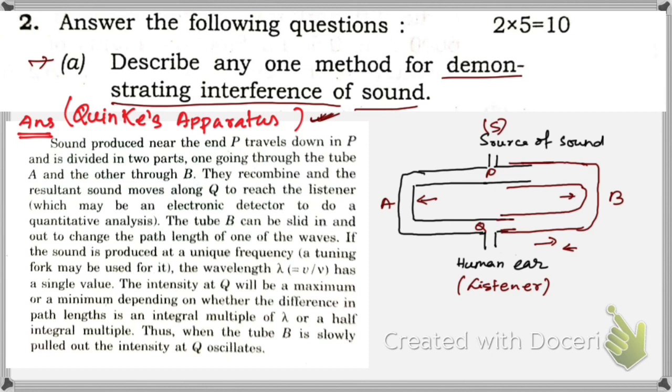Now when a sound is produced by this source S, the sound will travel through this and be divided, traveling in 2 ways.